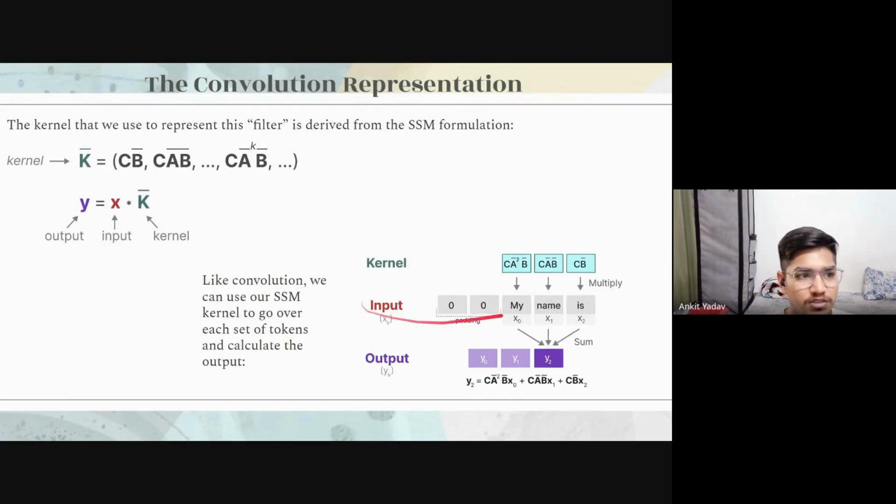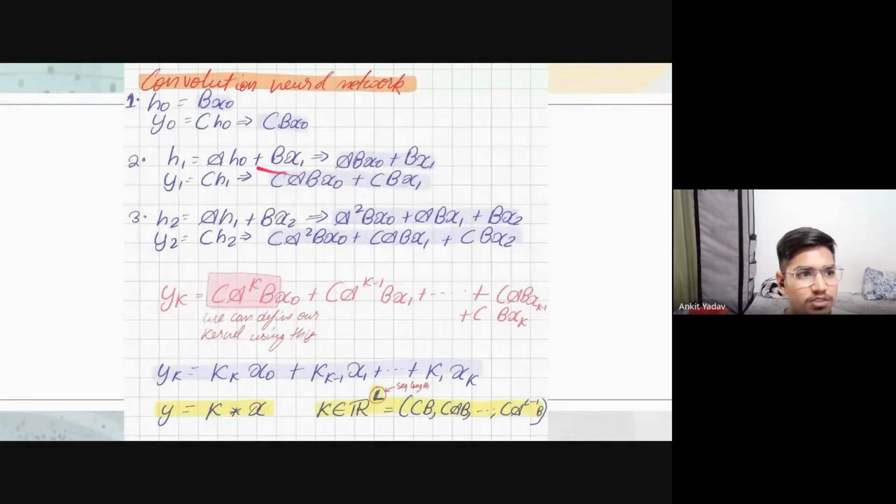I have expanded this equation further in my words. So how this works is we have seen h0, y0, then we move to h1, y1, then to h2, y2. At the current h0, I'll be having Bx0, and I'll be getting y0 as Ch0.